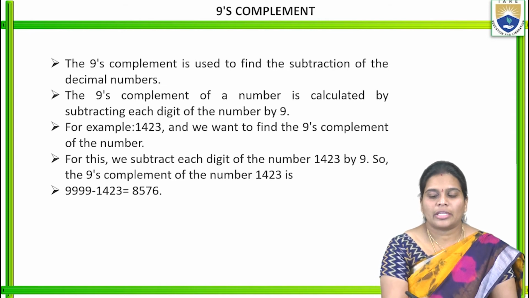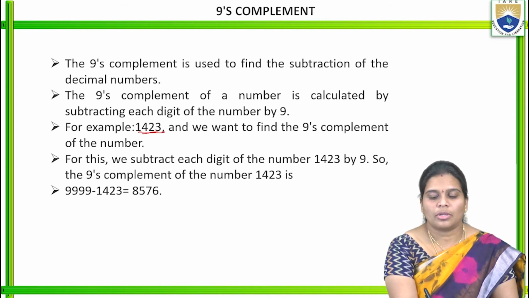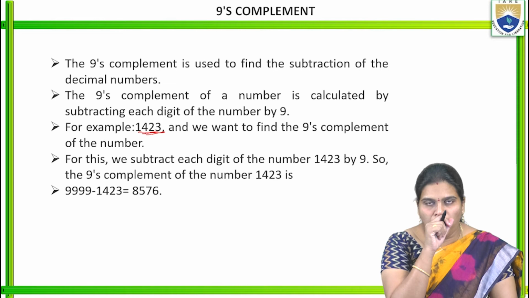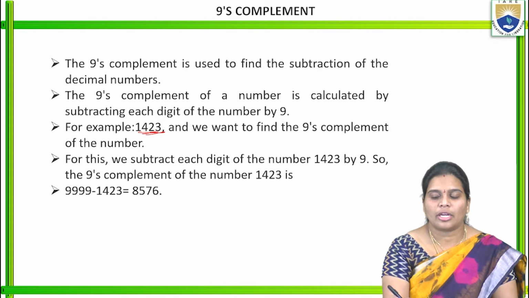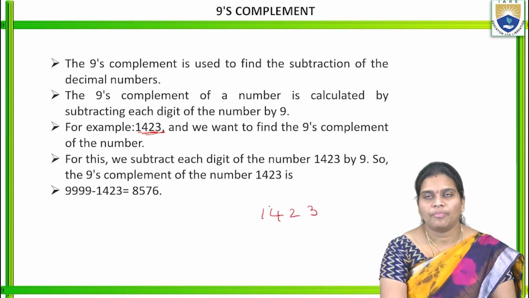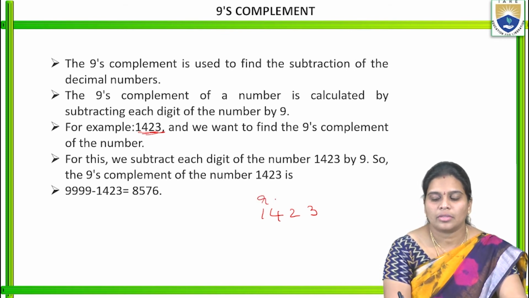So here we are taking the example 1423. Now I want to apply the 9's complement of this particular number. So this is the decimal value 1423. Subtract with the 9.